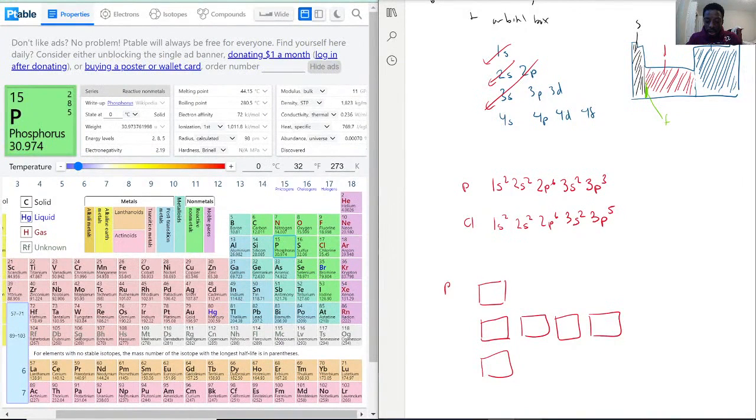So Cl, same thing as well. 1, 2, 3, 4, because this would be your s, and these are your p orbitals.